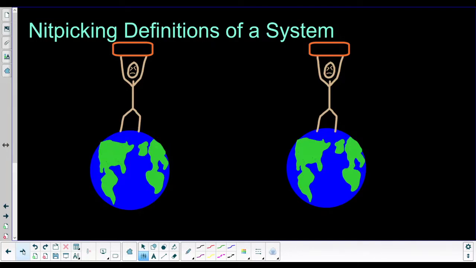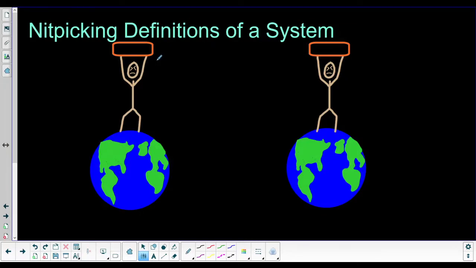Let me show you the importance of understanding how you are defining your system so that we can keep things very clear and separate and distinct in the case of potential energy due to gravity. So when we have the Earth and you lifting some mass, when we release this mass, we get the potential energy of gravity and it turns itself into kinetic energy.